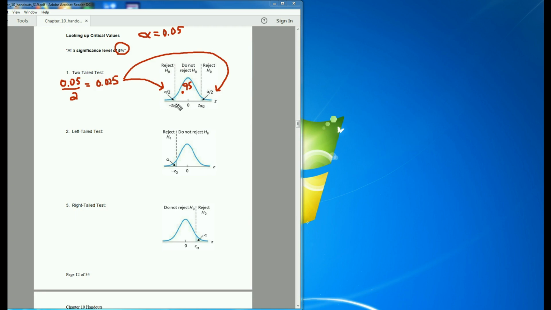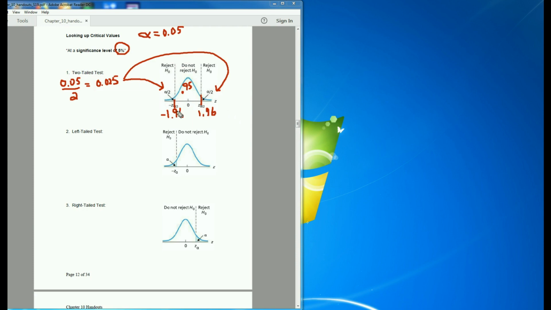So you should already recall what this critical number is. If you go to the table and look up the z-score that has 0.025 area to its left, you should remember that that corresponds to negative 1.96. Okay? And therefore, this value is its positive partner because it's always perfectly symmetric. So it's positive 1.96. Okay?